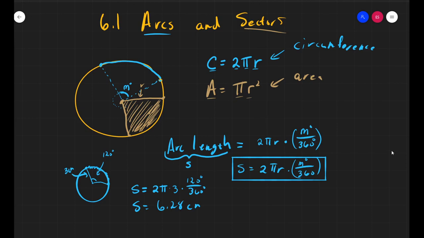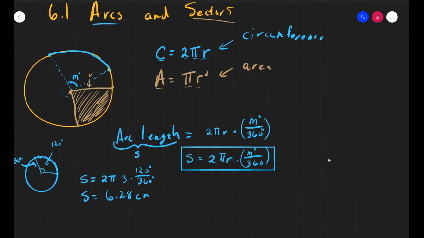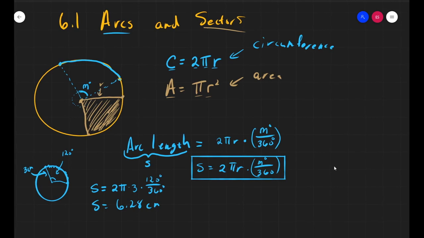So let's use a similar idea to find the area of that sector. Okay, to find the area of this sector, this little pie piece right here. All right, so our formula for our area is very similar to the arc length.